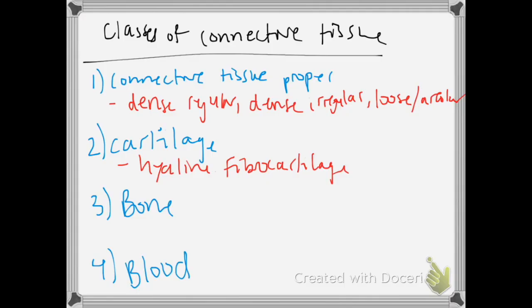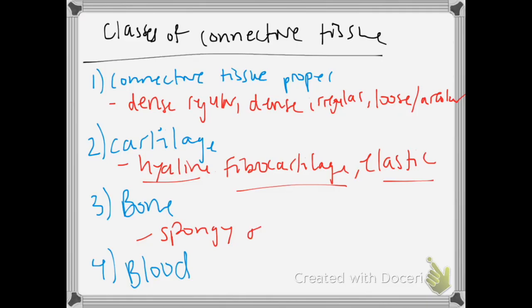So fibrocartilage is one word, versus elastic cartilage and hyaline cartilage are 2 words. Bone, we have spongy and compact. We're doing a whole unit on that next, so don't stress about it too much. Okay, so these are our 4 classes.